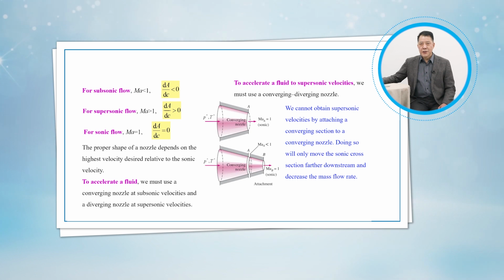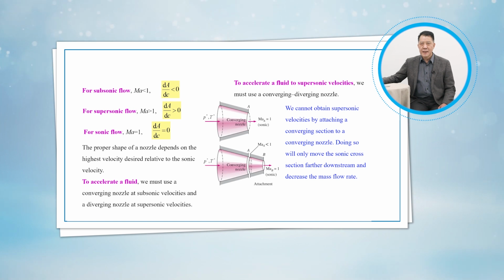The velocities encountered in most familiar applications are well below the sonic velocity, and thus it is natural that we visualize a nozzle as a converging duct. However, the highest velocity we can achieve with a converging nozzle is the sonic velocity, which occurs at the exit of the nozzle.